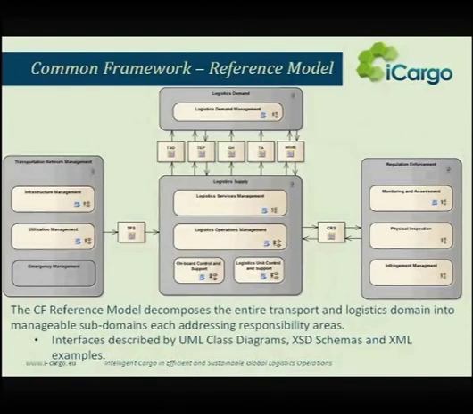The common framework reference model decomposes the entire transport and logistics domain into manageable subdomains, each of them addressing responsibility areas. These interfaces or information models are described using UML class diagrams, XSD schemas, and XML examples.